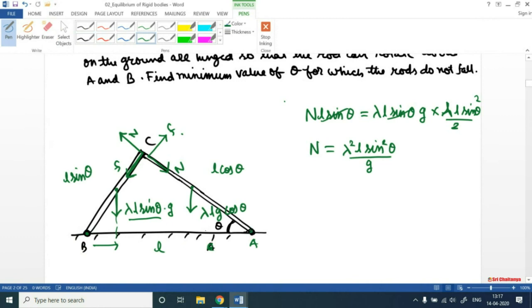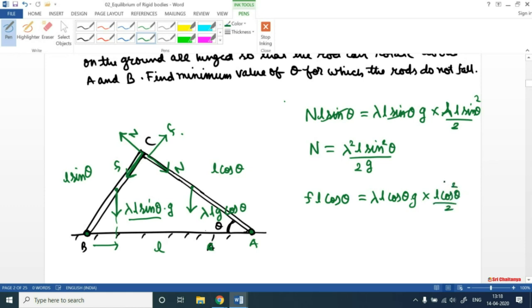Similarly, when we write the torque about A on this rod, the torque due to friction would be F multiplied by L cos theta. So F L cos theta would be equal to lambda L cos theta into G, which is the force, and its arm would be L cos theta by 2, taking its cos component.